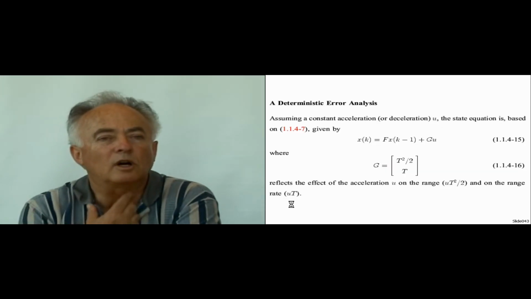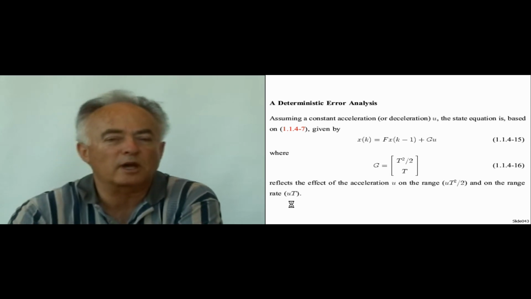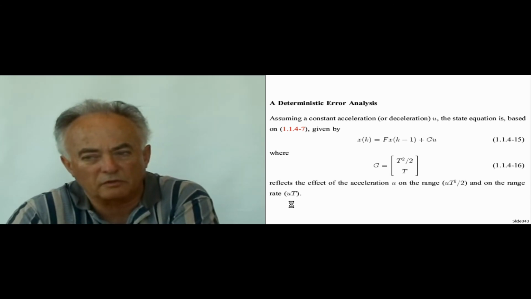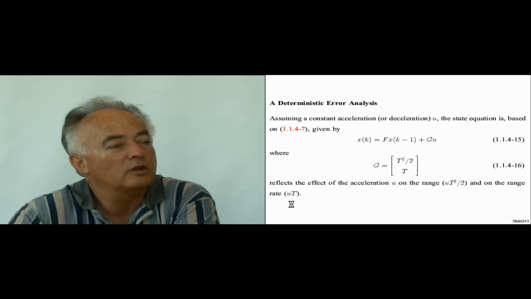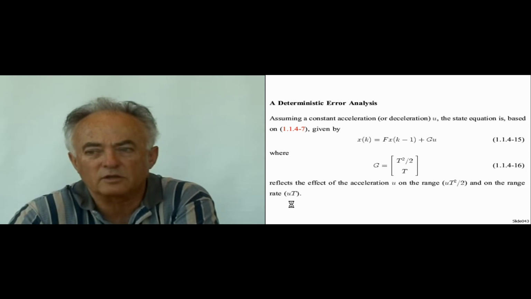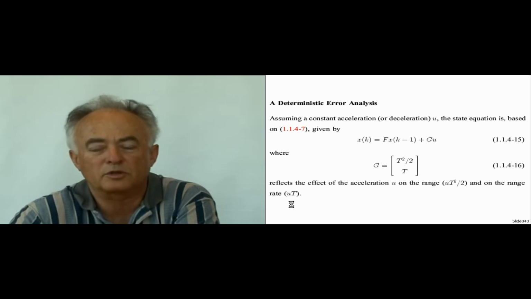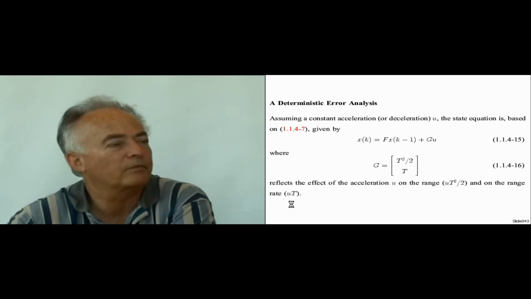Now, up to this point, the impact of u has not been quantified. Now we've got to evaluate, analyze exactly what will be the impact of that possible unknown acceleration.